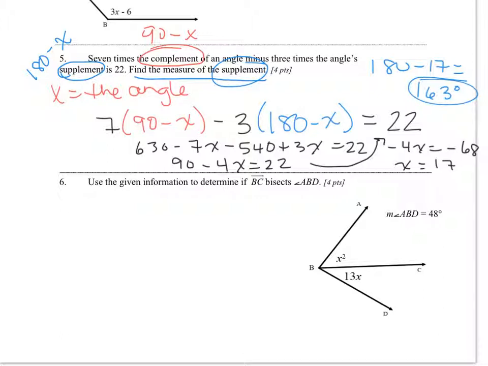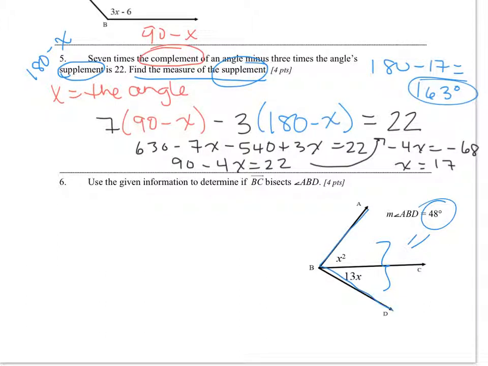Okay, number 6 says use the given information to determine if ray BC bisects angle ABD. So there are 2 different ways we could do this problem. The most straightforward way, in my opinion, is to use angle addition and add these 2 angles and set it equal to the whole angle ABD, which is 48 degrees.